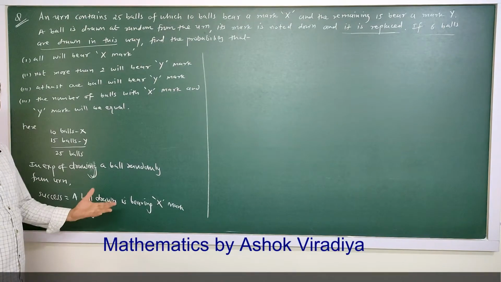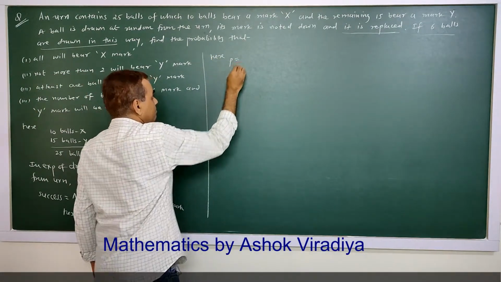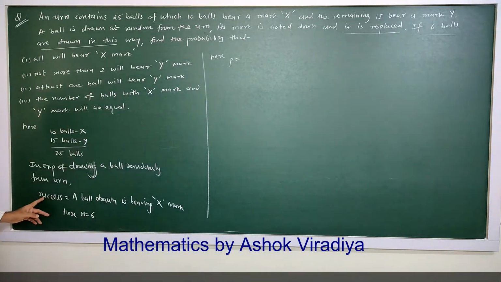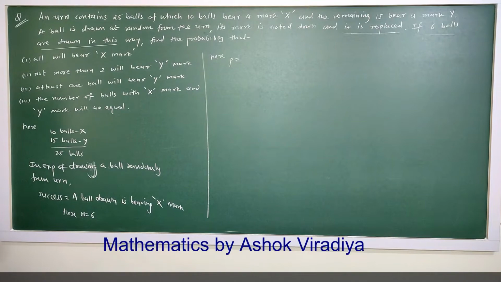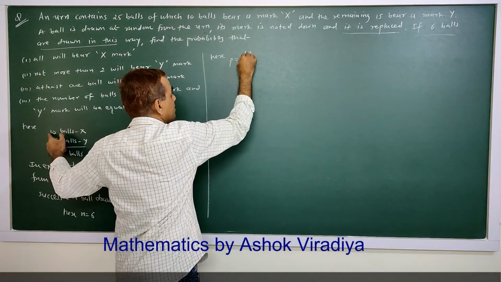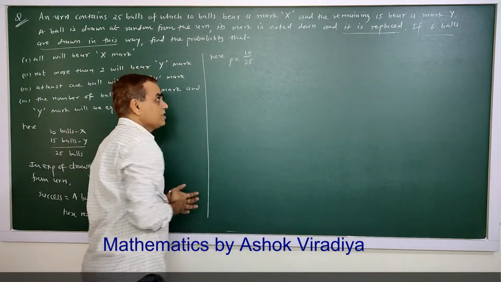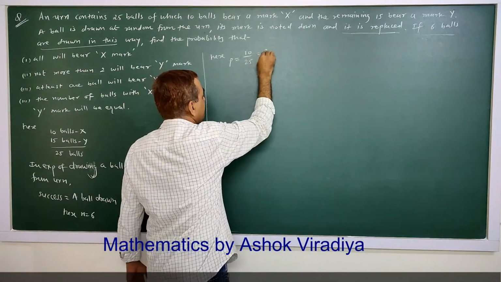All trials are independent and the probability of success, that is the probability of drawing a ball with X mark. Total 10 balls. So 10C1 upon 25C1, that is 2 by 5.